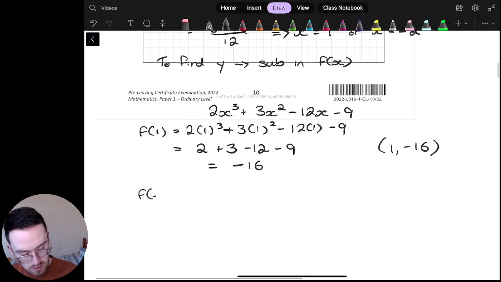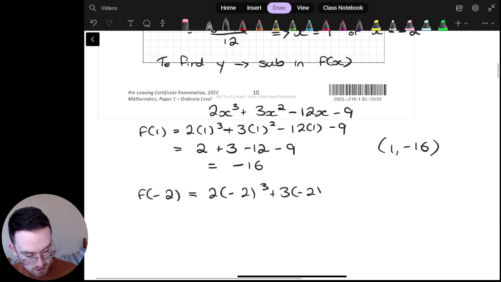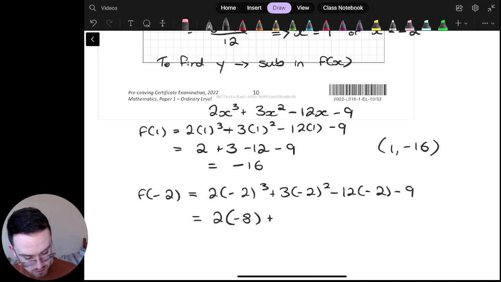We can do the other then, minus 2. So 2 by minus 2 cubed plus 3 by minus 2 squared minus 12 by minus 2 minus 9. Okay, so that's going to be 2 by minus 8 plus 3 by 4 plus 24 minus 9.